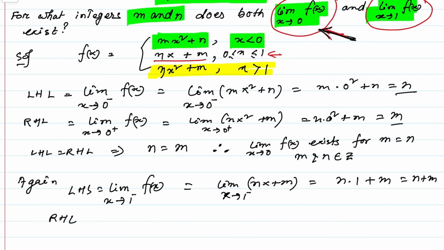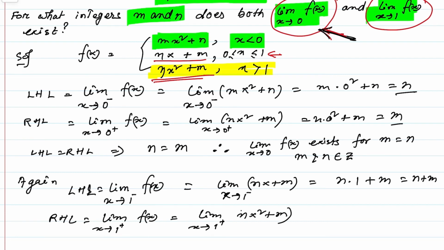So right hand limit, so limit x tends to 1 positive of f x. So for greater than 1, we have got this one, nx square plus m. So let's put here nx square plus m. So when you put 1, then n into 1 square plus m, that's going to be again n plus m. So here you see both left hand and right hand limits are equal.